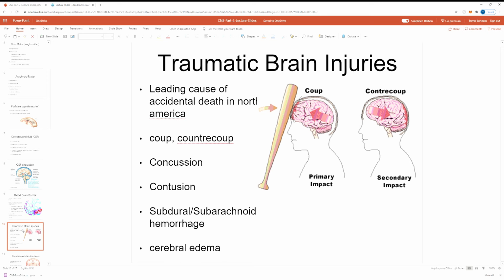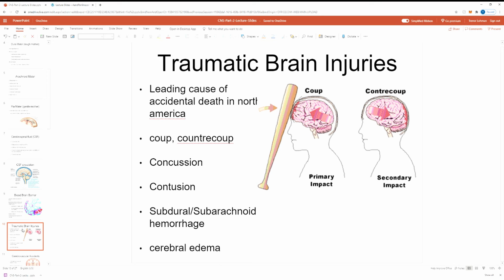Anyway, basically, the idea is that when something strikes your head, or when your head strikes something, your skull remains stationary, and your brain makes contact with wherever the injury is. So this could be a dashboard in the case of a motor vehicle accident, or in the case of the picture, it's a baseball bat.